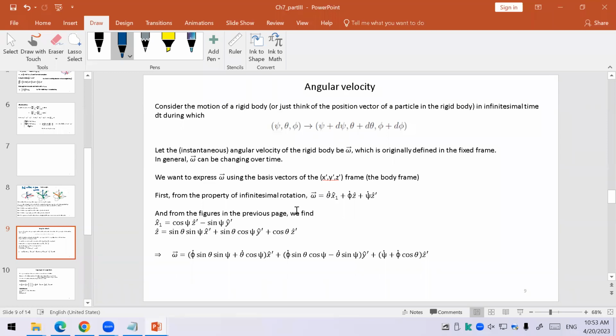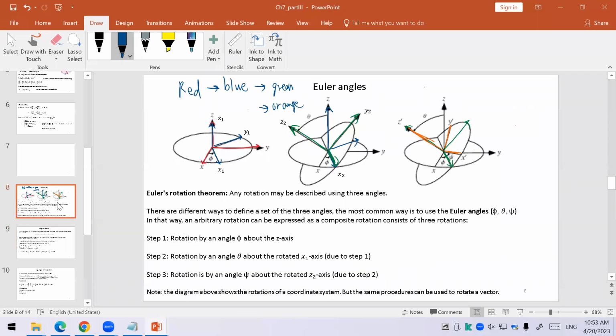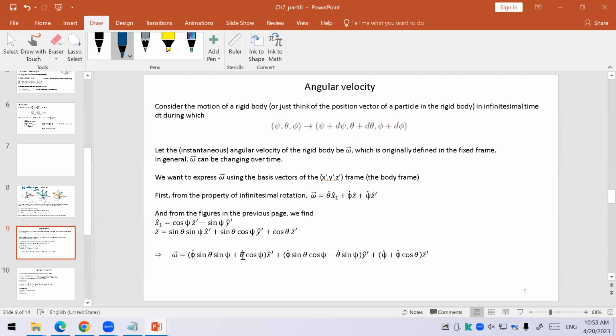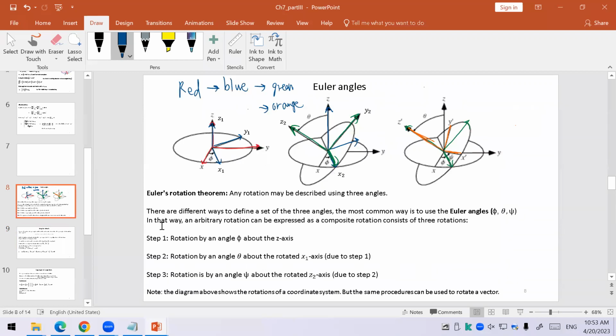Therefore, if I just write everything in terms of x prime, y prime, and z prime, then you will write the angular velocity vector this way. Okay. So the x prime, y prime, z prime are the unit vectors of the orange coordinate system. Okay.